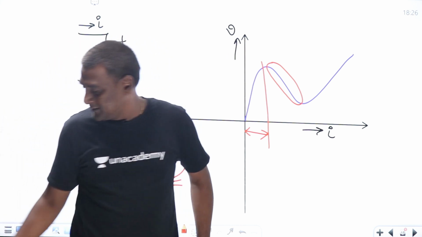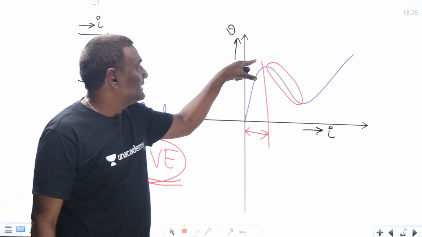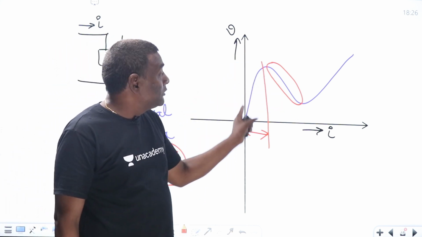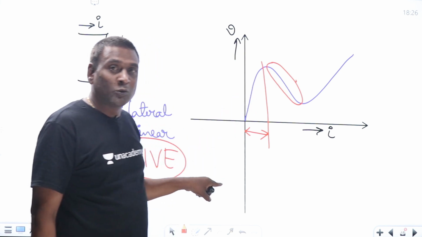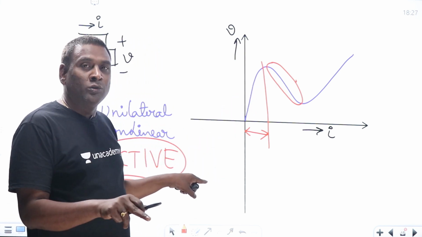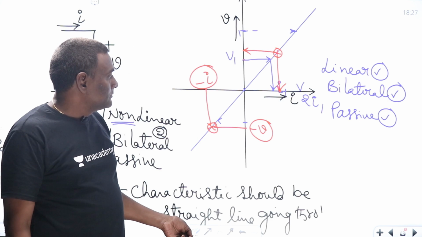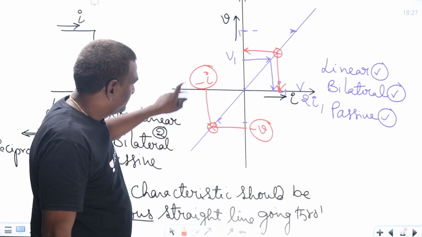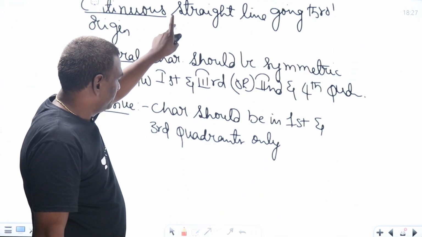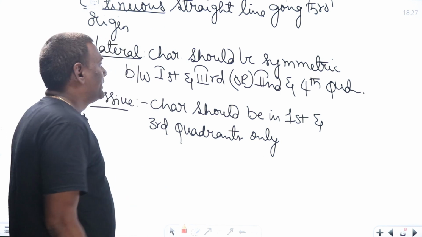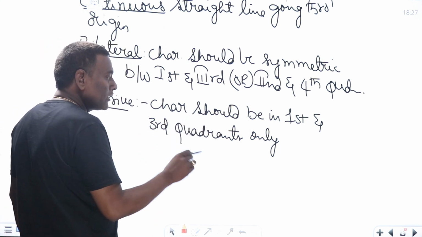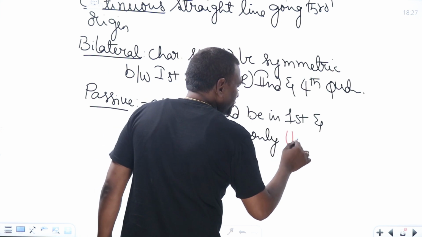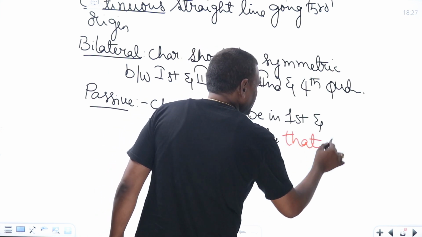Now, let us think of adding the same. It is having negative slope. Even though characteristic is there in the first and third quadrants, if you find a negative slope, it will become active. See, characteristic should be in first and third quadrants only, that too with positive slope.